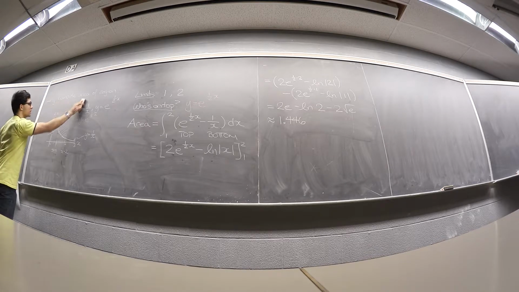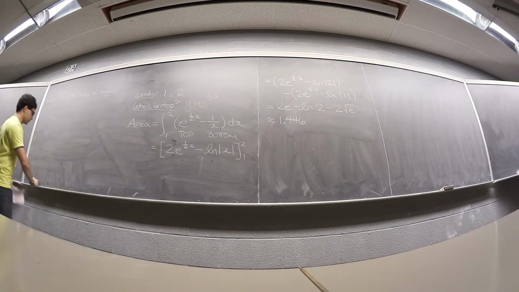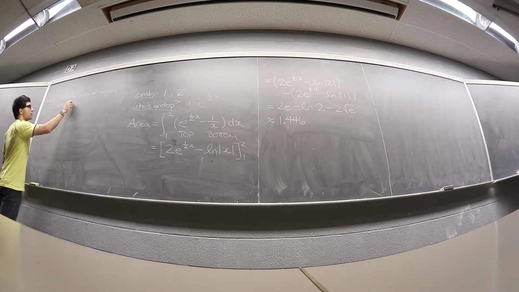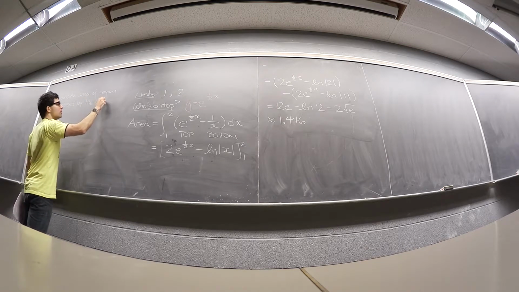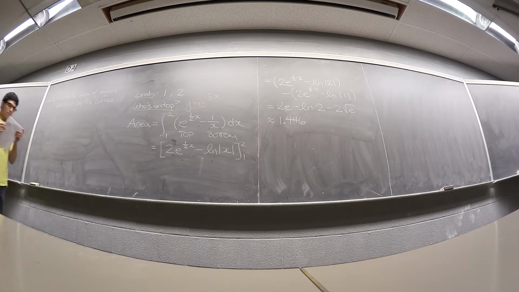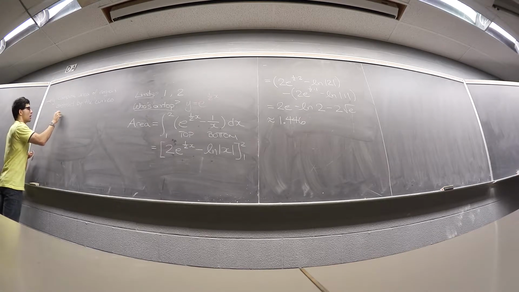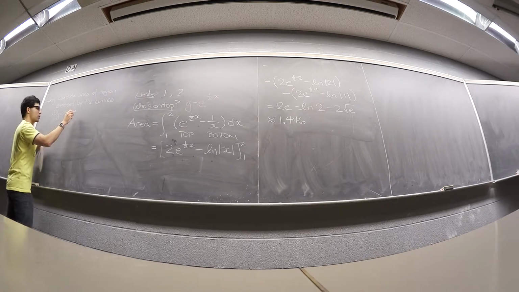Compute the area of the region enclosed by the curves. y equals 2x squared minus 4x plus 2.